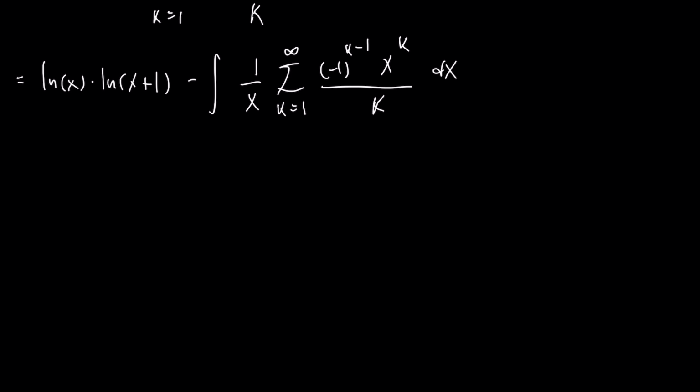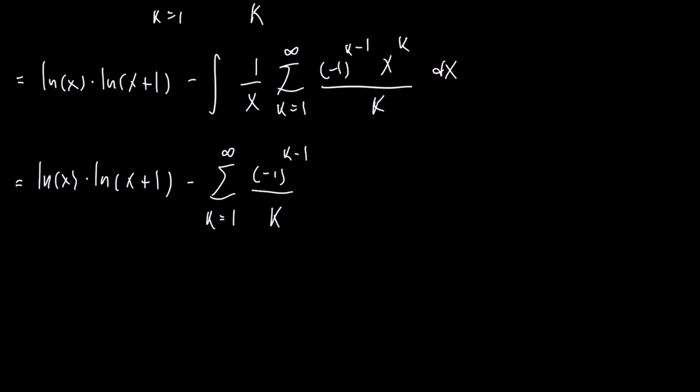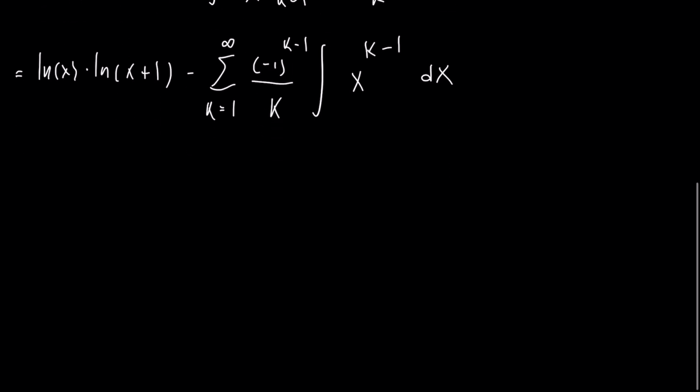And then swapping the sum and integral, we have the natural log of x times the natural log of x plus 1, and then minus the sum from 1 to infinity of negative 1 to the k minus 1 over k, and the integral of x to the k over x will end up being x to the k minus 1 times dx.